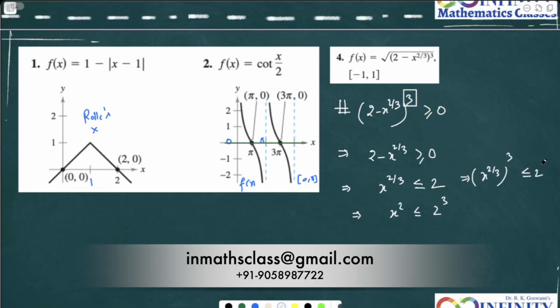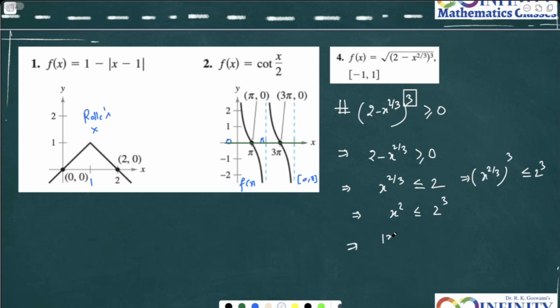Now x squared is less than or equal to 2^3, that means mod x is going to be less than or equal to how much? 2^(3/2). So x belongs to negative 2^(3/2) to positive 2^(3/2), and the interval minus 1 to 1 is contained in this interval.